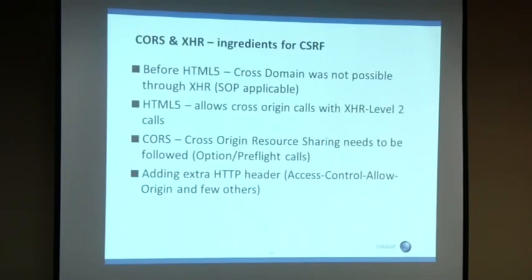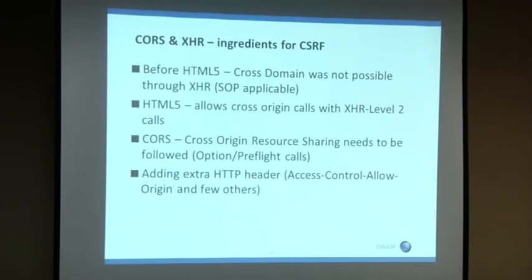Now XHR level 2 has ingredients for SSRF and CSRF. For example, cross domain is possible. Say, if you take XHR level 1, I'm on yahoo.com and the XHR object is coming from yahoo.com and it's an XHR level 1 object. I use that object to create a cross domain connection to google.com. It will fail. It will say you can't do this using an XHR level 1 object.